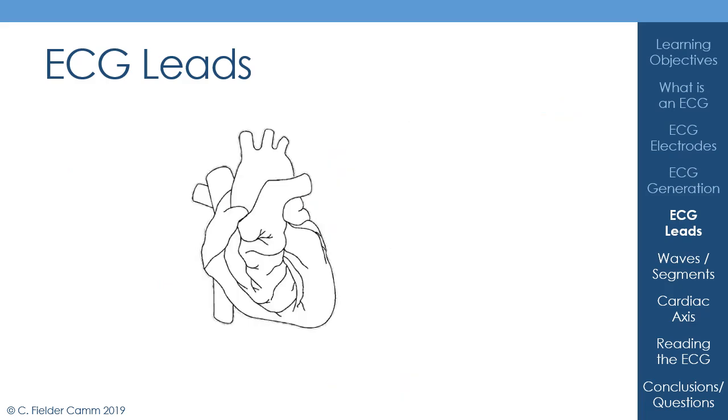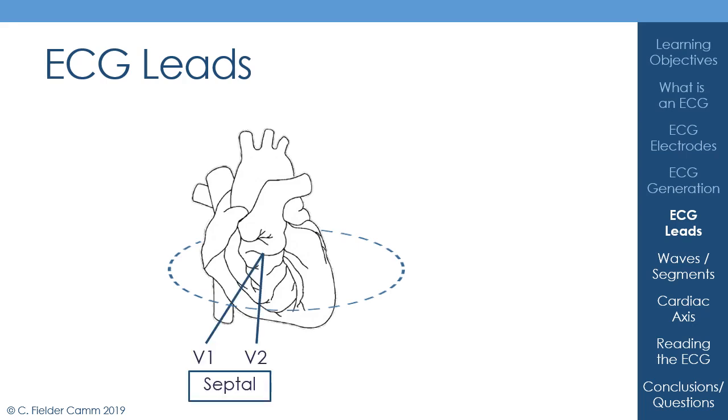Now, the remaining 6 standard ECG leads that come together to make the 12 lead ECG are looking at the heart through the axial plane, as opposed to those original ones which were looking through the coronal plane. And they're very simply named V1 to V6.